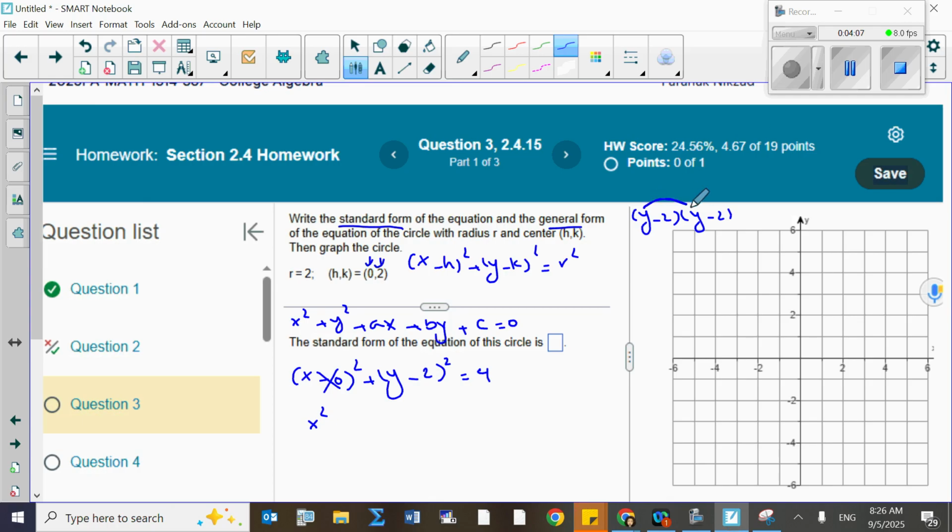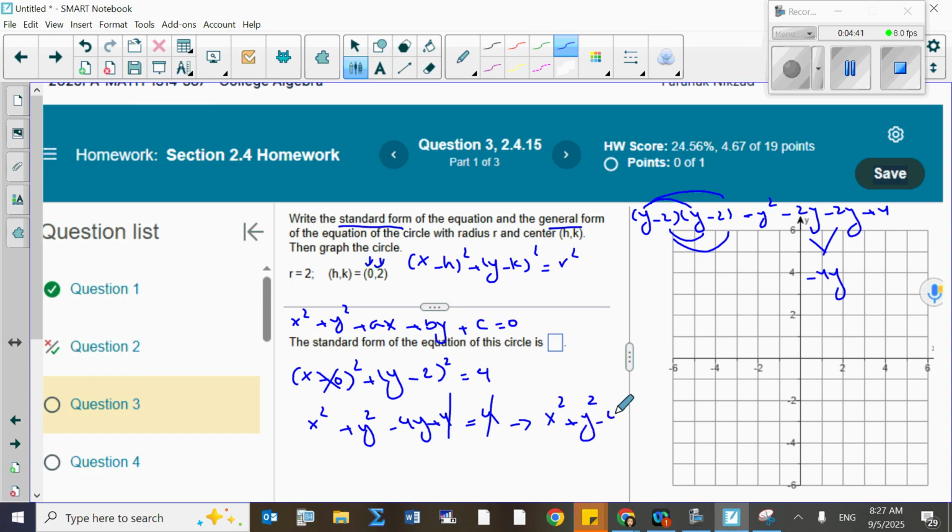Now distribute: y squared minus 2y minus another 2y plus 4, which if I combine these two, it's going to be -4y. So I'm going to rewrite plus y squared minus 4y plus 4 equal to 4. Now simplify, I see that this 4 and this 4 on both sides, they cancel each other. So the equation looks like x squared plus y squared minus 4y equal to 0.